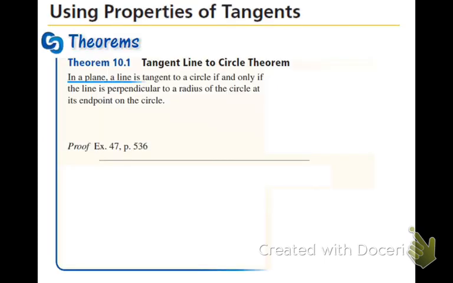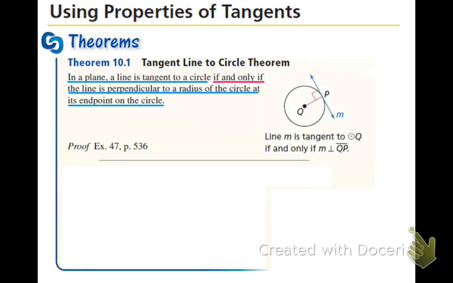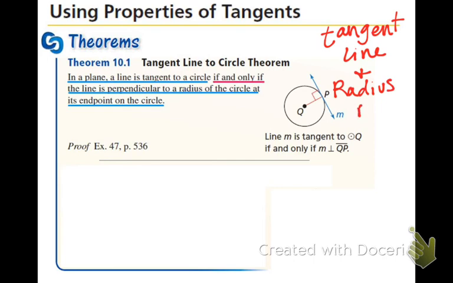All right, so this is not on your paper, but you will have to write something down. In a plane, a line is tangent to a circle if and only if that line is perpendicular to the radius of the circle at its endpoint. So here's what I want you to write down. A tangent line and the radius must be perpendicular.